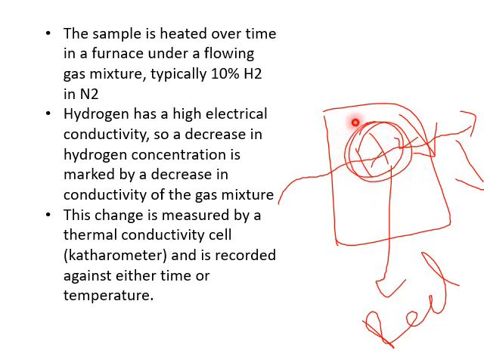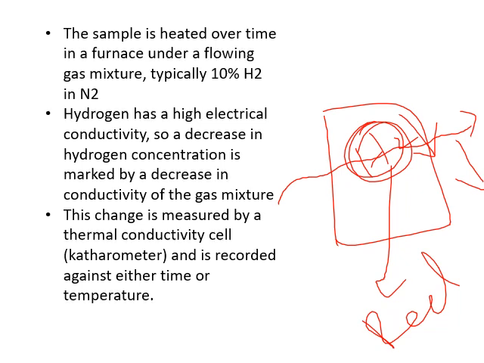And how do we monitor a decrease in concentration? By measuring the electrical conductivity inside the furnace. This change in conductivity is measured by a thermal conductivity cell, and is recorded against either time or temperature.